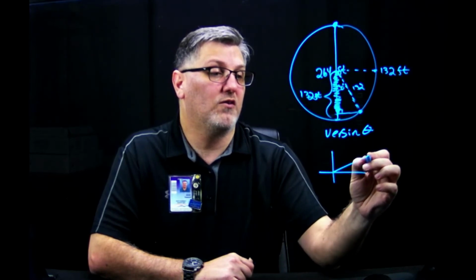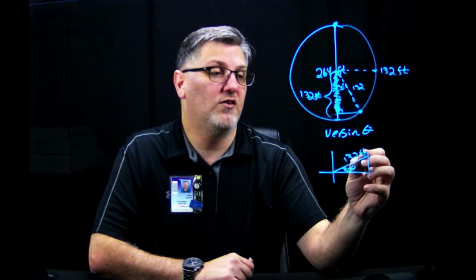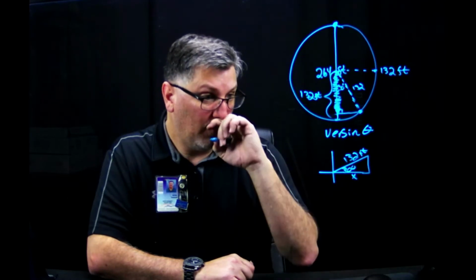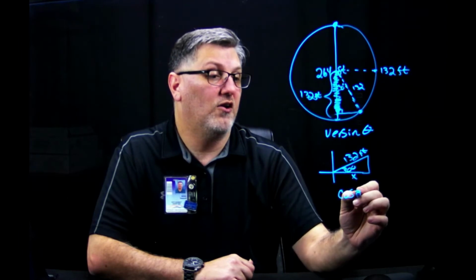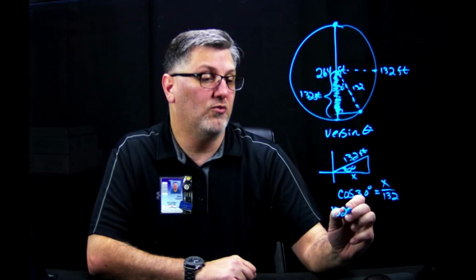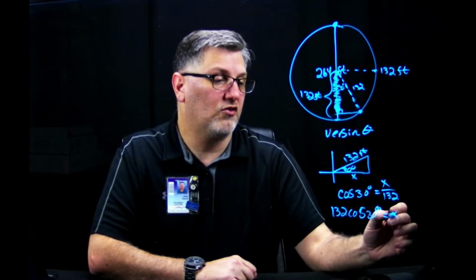So I have a triangle with 30 degrees, this is 132 feet, and I need to know this distance right here. So we're going to do cosine of 30 degrees equals x over 132. Multiply both sides by 132. Cosine of 30 degrees, that's going to be my x.